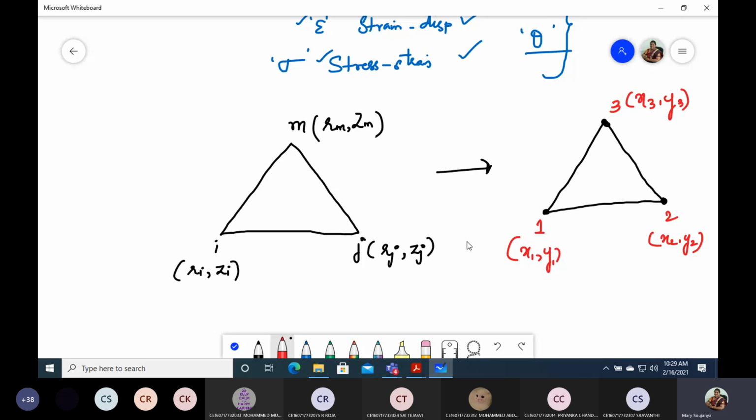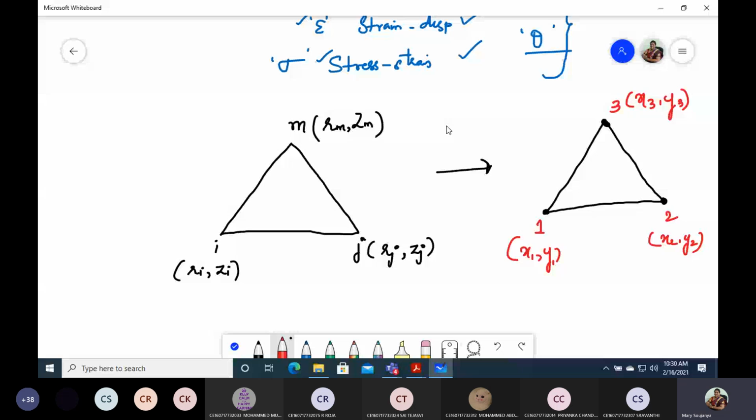But here x1 is ri, y1 is zi, x2 is rj, y2 is zj, x3 is rm, y3 is zm. So similar to the derivations we have seen for the CST element can be directly adopted for this one.